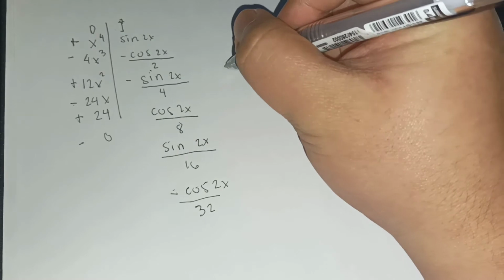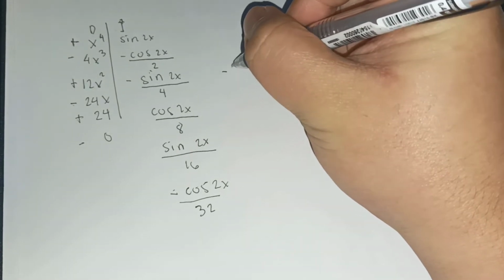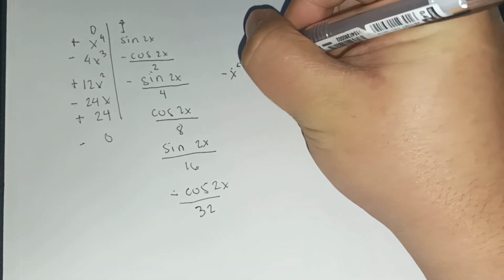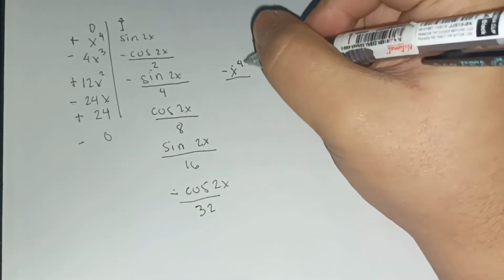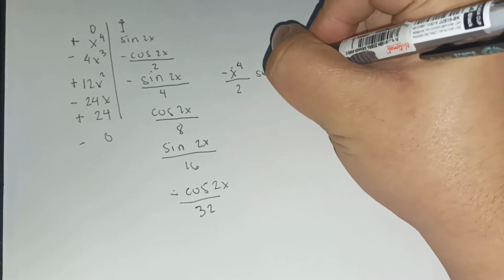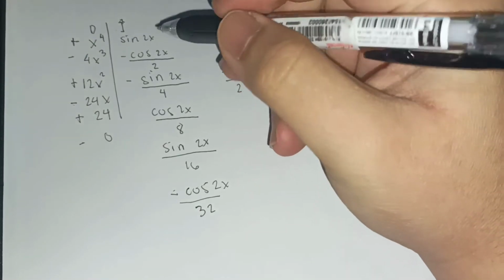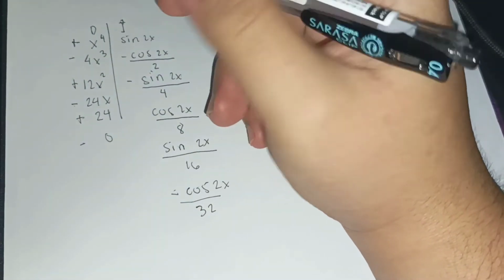So for this first one, we multiply x to the 4th power with negative cosine 2x over 2, it will become negative x to the fourth power over 2 cosine 2x.